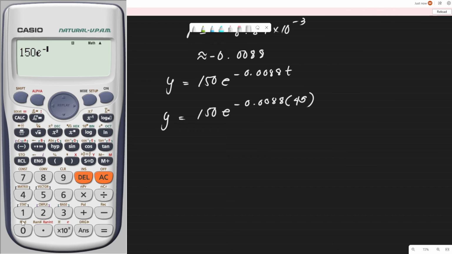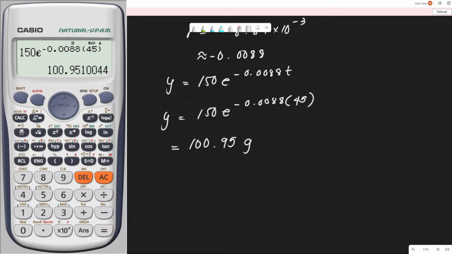So this is equal to 100.95 grams. Of course, don't forget the unit.